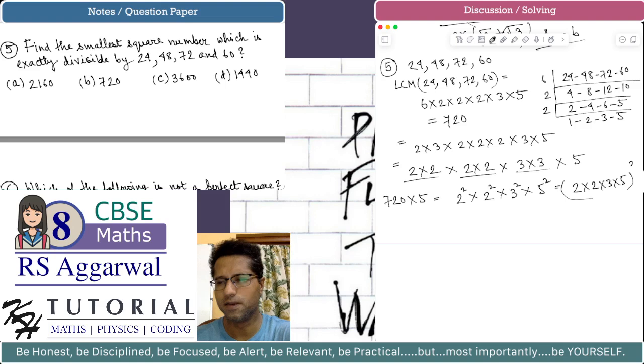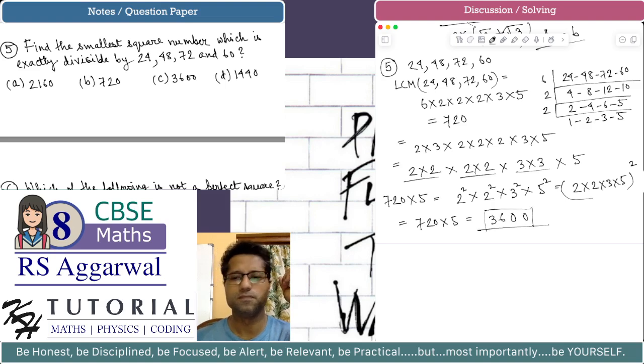So it is becoming a perfect square, and 5 is the least number that when multiplied by 720 gives a perfect square. So the smallest square that will be divisible by all these numbers is 720 multiplied by 5, which is 3600. So the correct choice is C.